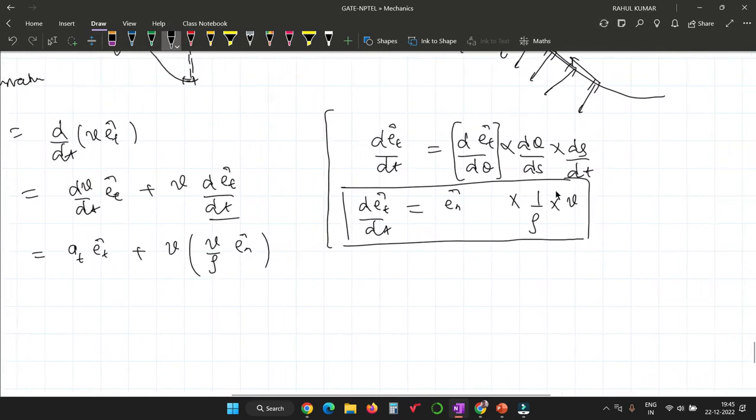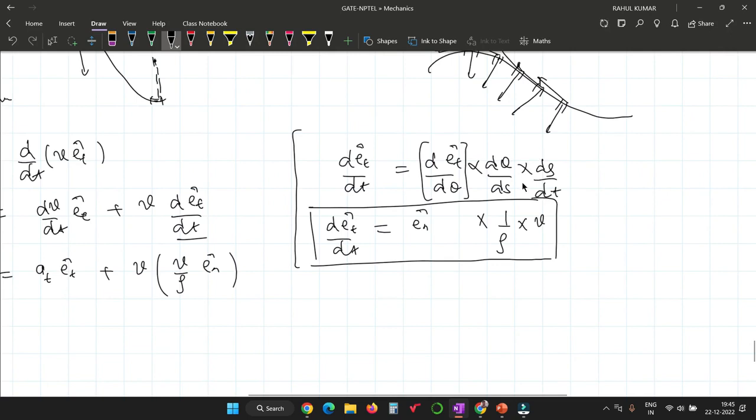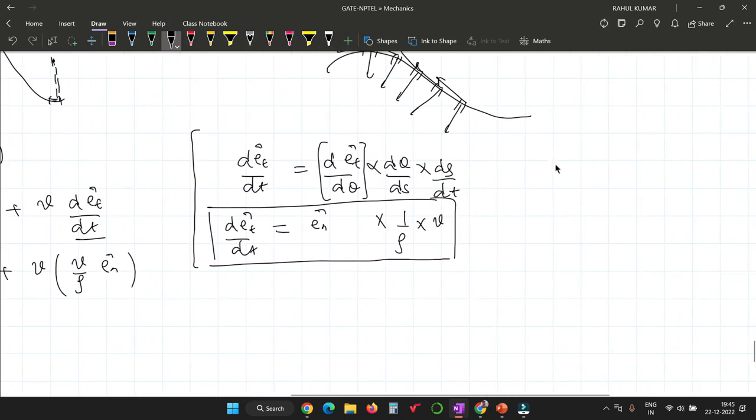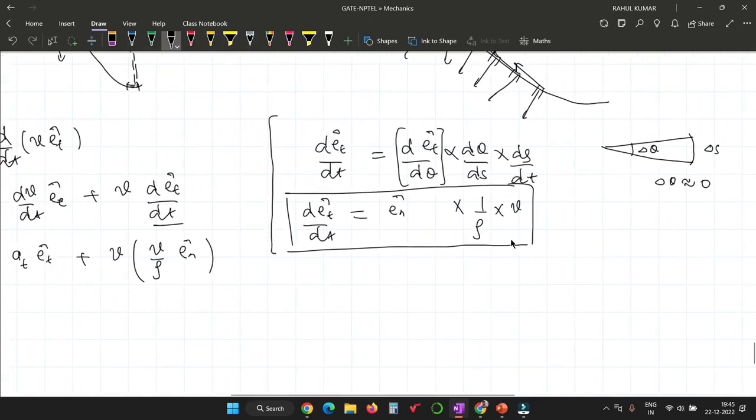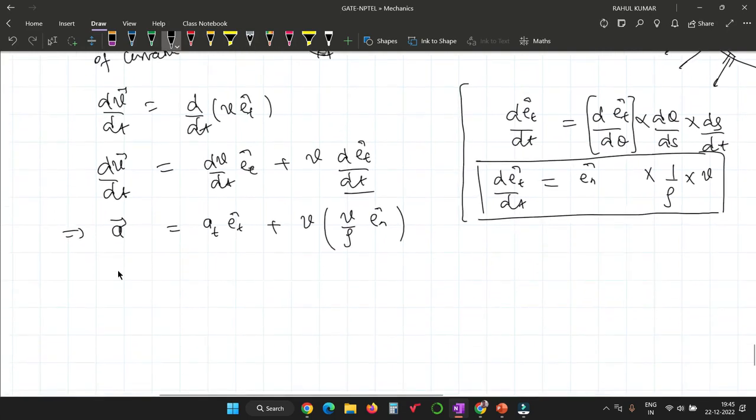Here 1 by rho is nothing but the curvature, the inverse of the radius of curvature. If it is an arc with delta theta and delta s, when theta becomes very small, it will become 1 by rho. So what is the acceleration vector?